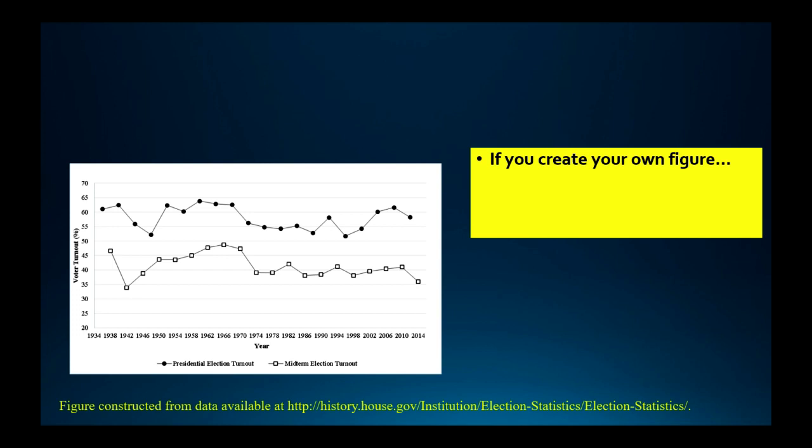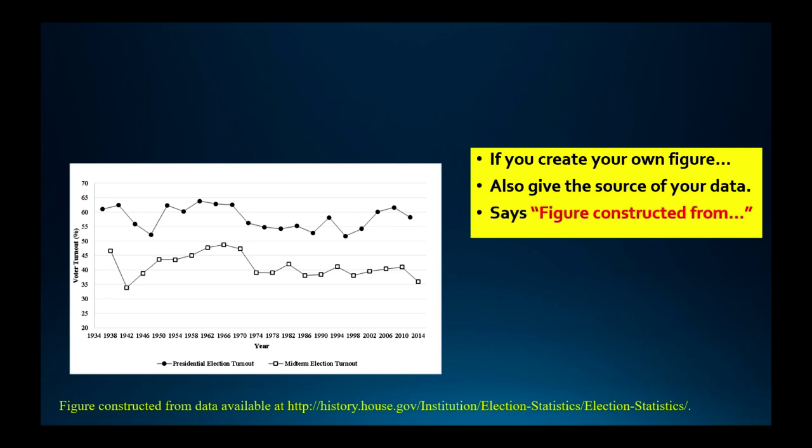He pulled data to create this figure himself, so he went into Excel and created it himself, but he's giving the source of the data. So it says below, figure constructed from. That tells the reader, hey, I made the figure myself, but using this data. So figure constructed from data available at, and he gives the source of where he got data on presidential election turnouts.